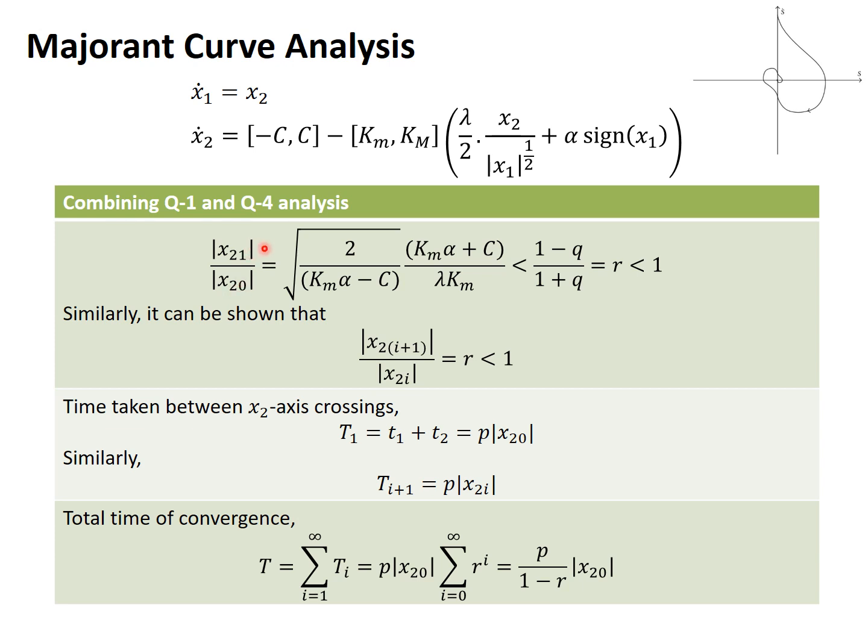These two had a relationship with x11 to the power of half. x21 was related to x11 to the power of half, x20 is also related to x11 to the power of half, and when we take a ratio of these two, the x11 to the power of half cancels out, and this is the constant term which we are left with.